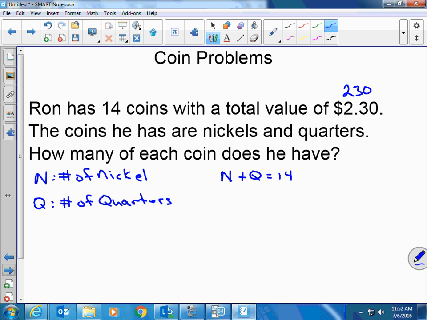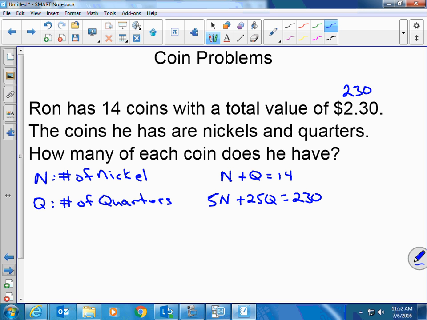So now when I go to the second sentence, the coins he has are nickels and quarters, and I know that the value of every nickel is 5 cents, and the number of nickels is N. So the amount of money he has in nickels is 5 times N. And the amount of money he has in quarters is 25 times Q. Grand total of 230 cents.